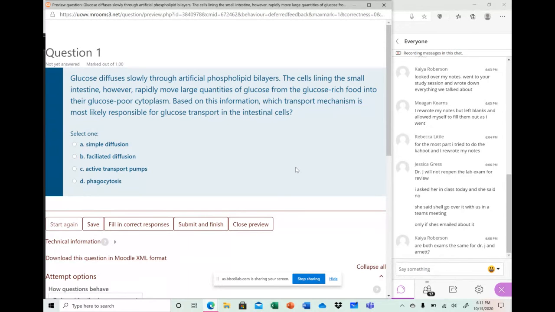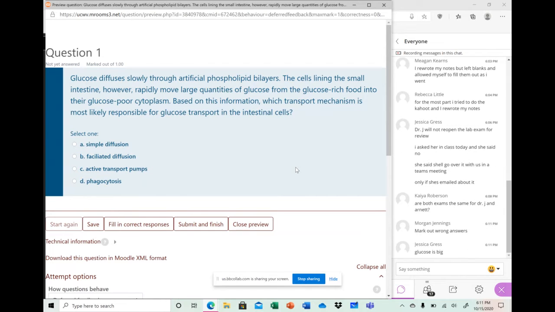Okay, so if not, then we will just start going over it together. So mark out the wrong answers. Glucose is big. Okay, yeah. So definitely those are two good things, and we will utilize both of those.